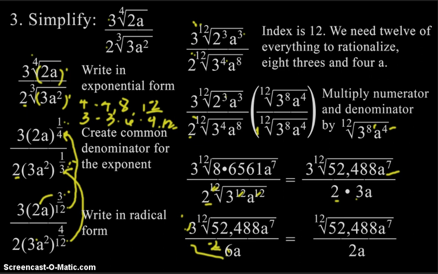Okay. So, ang iwan na lang natin dito is 2 sa baba. So, 3 over 6 is 1 half. So, tanggalin na natin yung 1. So, ito yung naiwan. 12 root of 52,488 times A raised to 7 divided by 2A. So, this is our final answer.